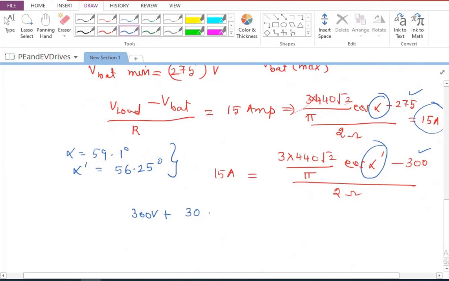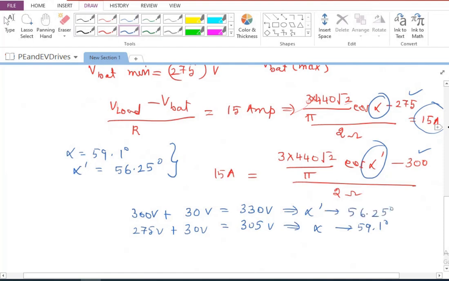So 300 volts plus 30 volts, which is 330 volts. That is corresponding to alpha dash. In the other case, it is 275 volts plus 30 volts, which is corresponding to 305 volts. That is actually alpha value.